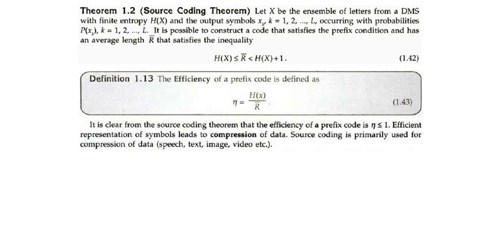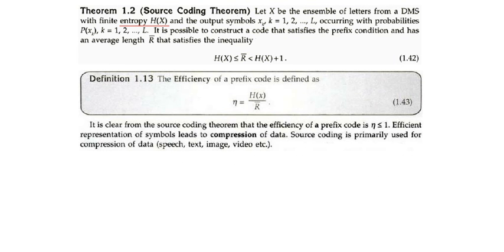And now the source coding theorem. The source coding theorem is defined as: let X be an ensemble of letters from a DMS, a discrete memoryless source, with a finite entropy H of X. Entropy means the average self information of a source X, with output symbols xk, k equal to 1 to L, occurring with probabilities p of xk.